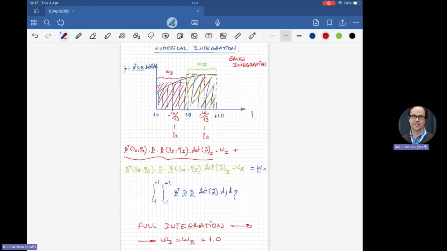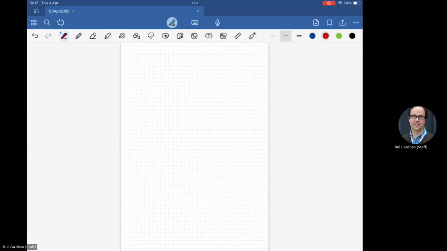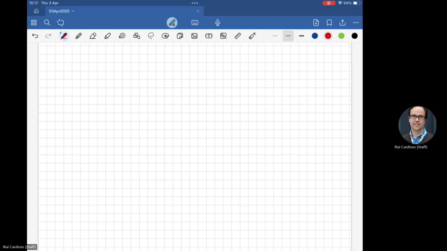Don't forget that the strain is your B matrix times your displacement matrix with the degrees of freedom. Because we need the B matrix to calculate strains, and because we need to evaluate the B matrix at the Gauss points for numerical integration, the consequence is that our strains are also obtained at the Gauss point.